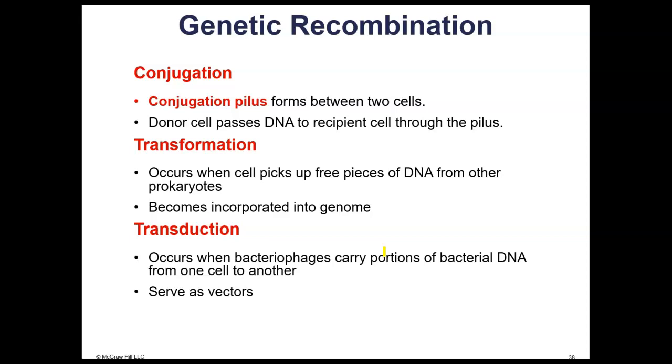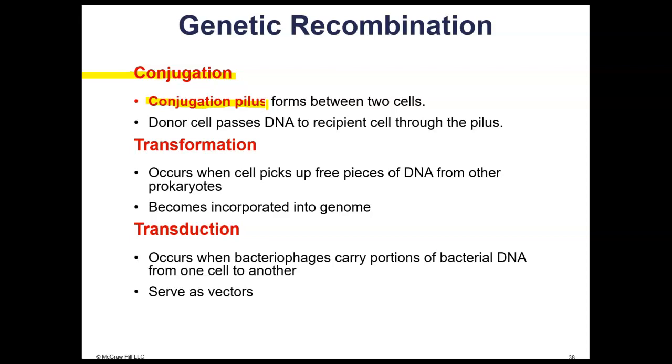Now, there are other ways besides mutation to get genetic variation. So there are ways for bacterial cells to undergo genetic recombination, or the recombination of genes, so you can get more genetic variety. One way is called conjugation, and this occurs through the conjugation pilus.